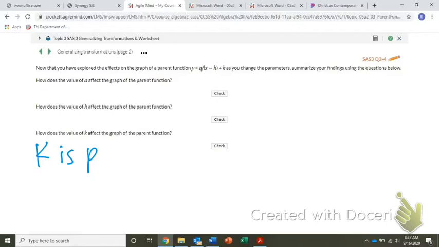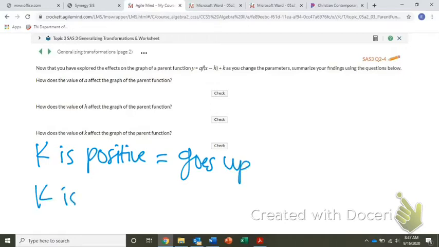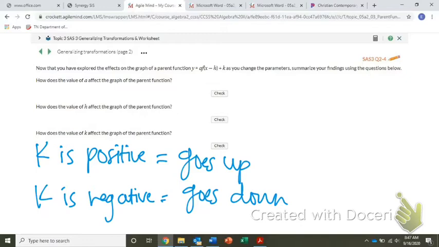K is positive, means it goes up. K is negative, it goes down. K is the easiest one.